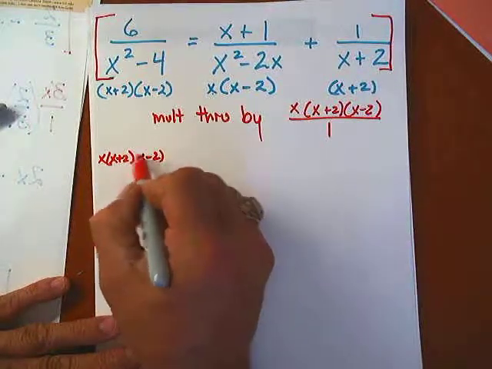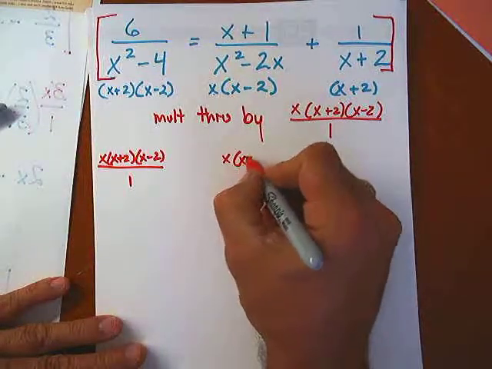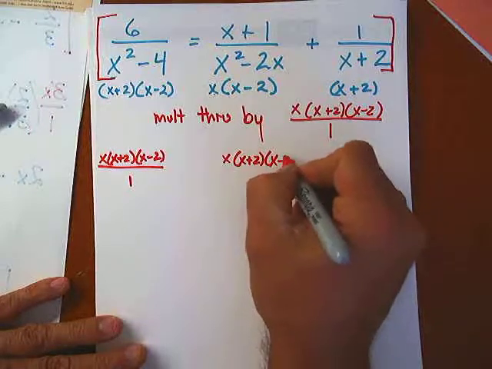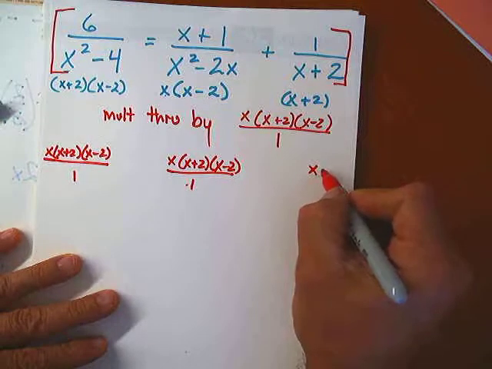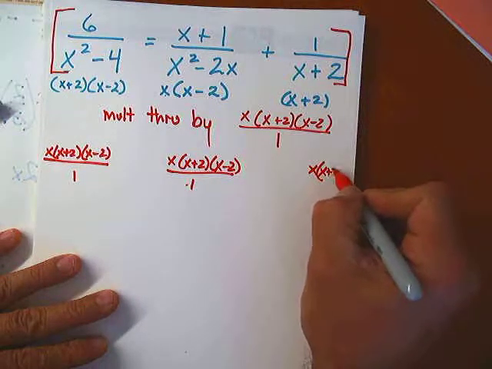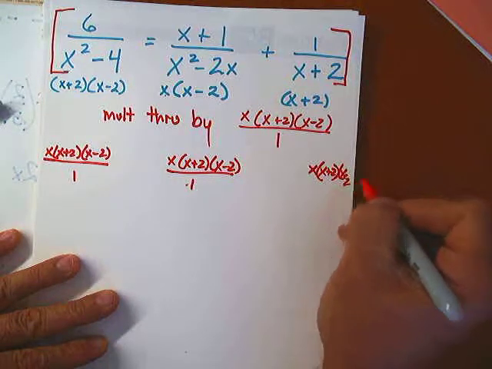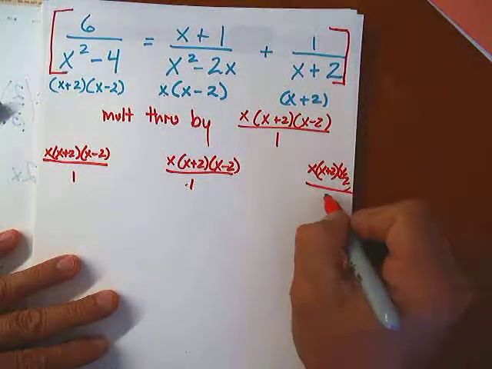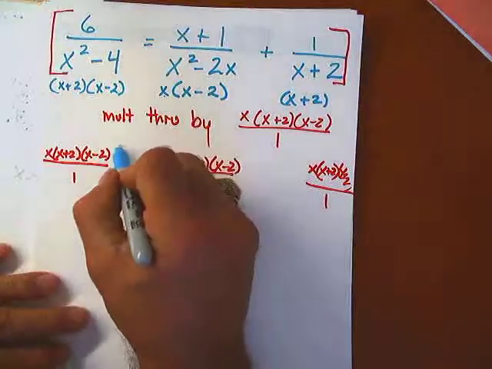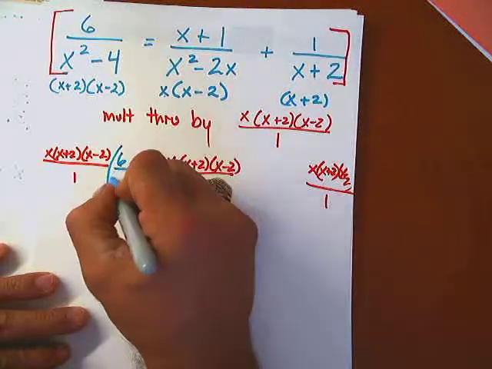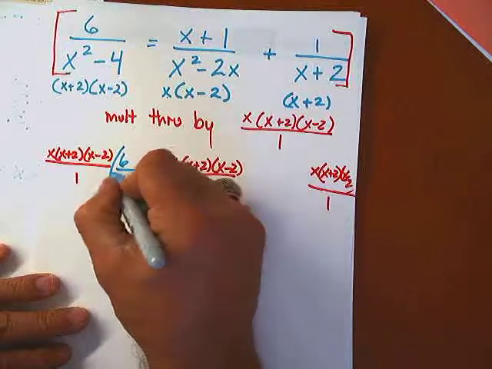I'm going to try to put it in here, and I'm going to have to write small. So x times x plus 2 times x minus 2 over 1, and x times x plus 2, x minus 2, hopefully you can see that, over 1.